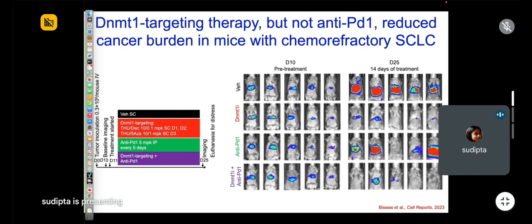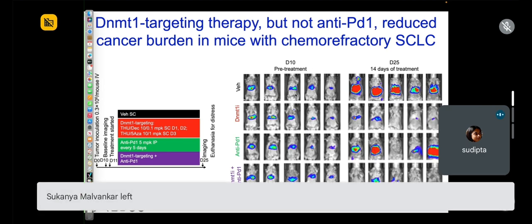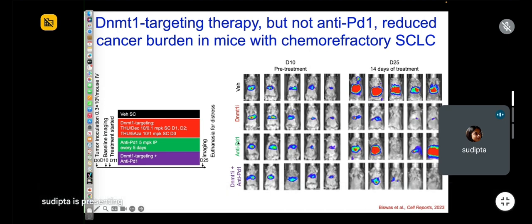So now we checked DNMT1 targeting. To do that, we use this mouse model, and for DNMT1 we use decitabine or 5-aza. But there is a standard treatment for small cell lung cancer, which is immunotherapy.